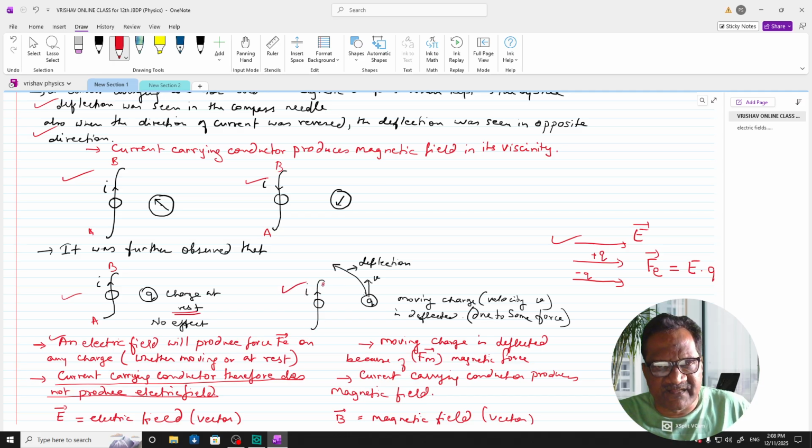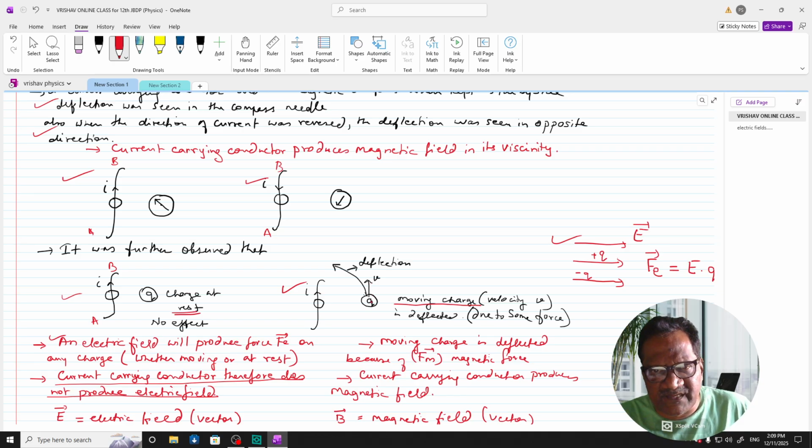If you have a current carrying conductor, and now you take a charge and place it nearby, but this time the charge is not at rest, it is moving. So this is a moving charge, moving with some velocity, whether uniform or non-uniform, it is just moving.